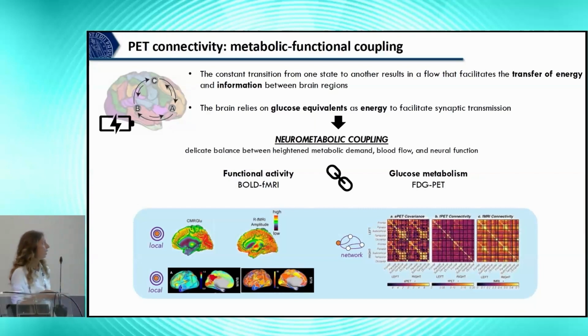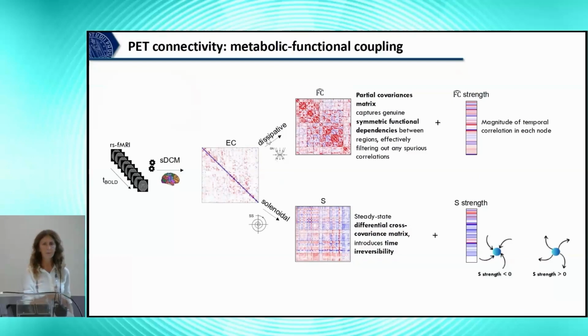So in this case, we link the functional activity as described by fMRI with glucose metabolism by using two different types of methods. In particular, for fMRI we use hepatic connectivity.